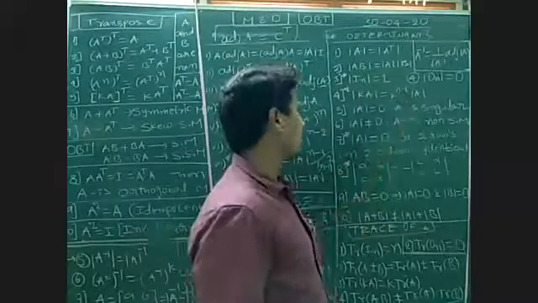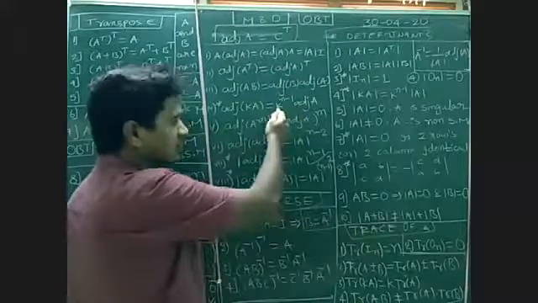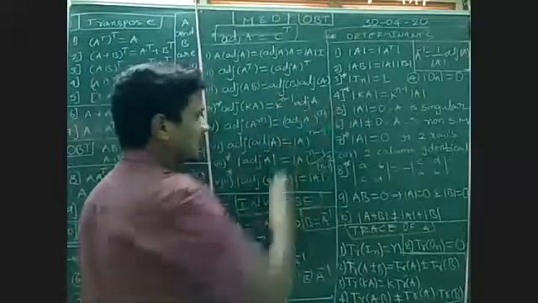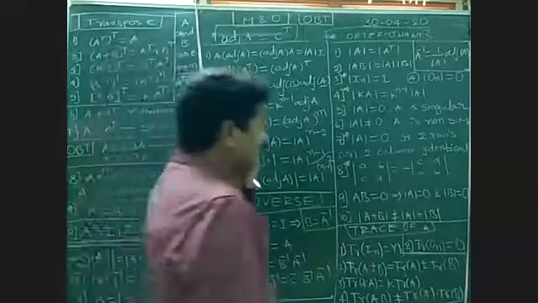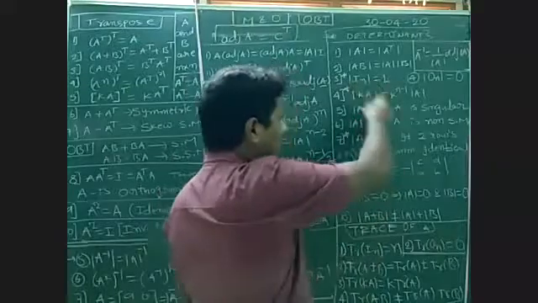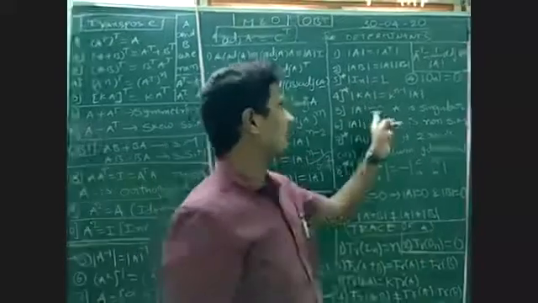We'll write K power n minus 1. This is the same as adjoint in both cases, we'll get K power n minus 1. Okay. When det of the given matrix is 0, A is called singular.